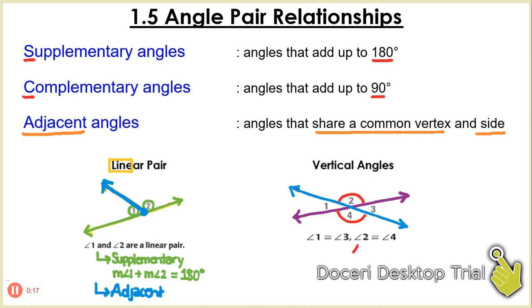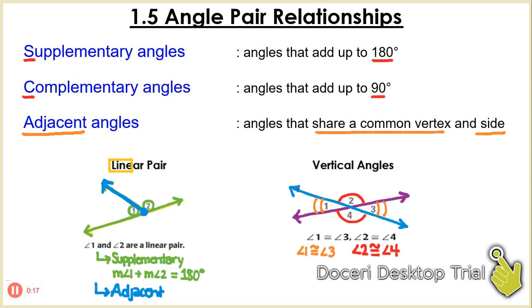So you can see right here it says angle 2 is congruent to angle 4. That means they have the same measure. So the measure of angle 2 and 4 are identical, and then likewise, since angle 1 and 3 are across from each other, those are also vertical angles, which means angle 1 is congruent to angle 3.